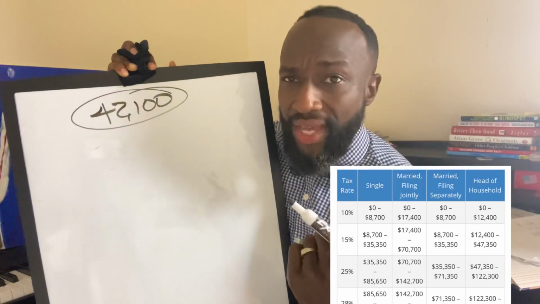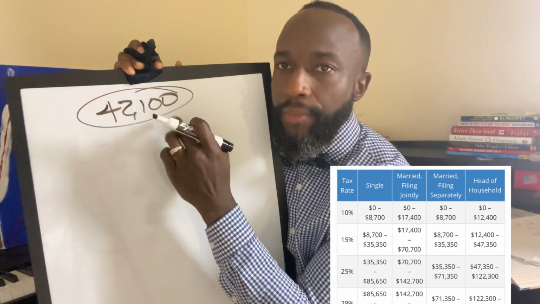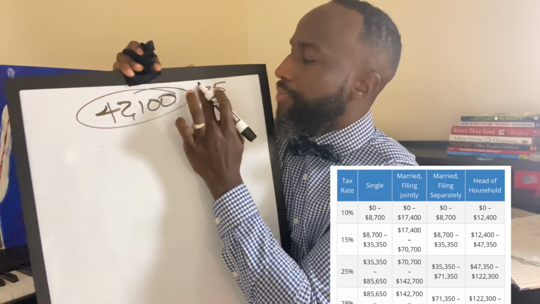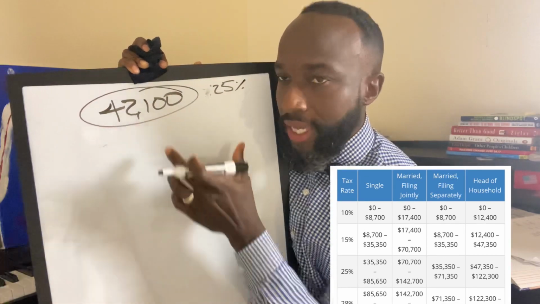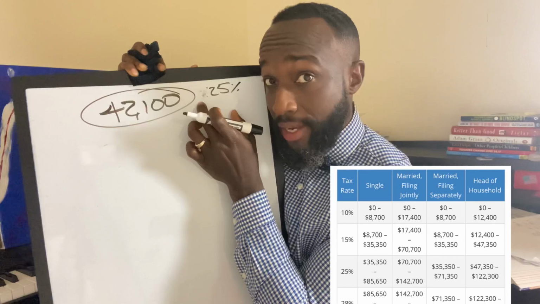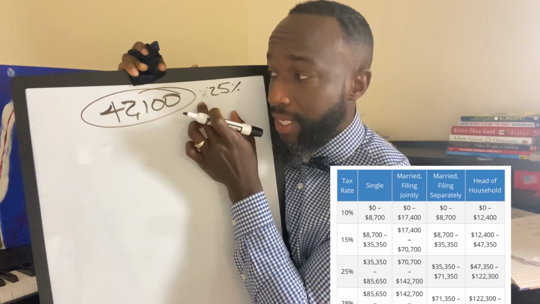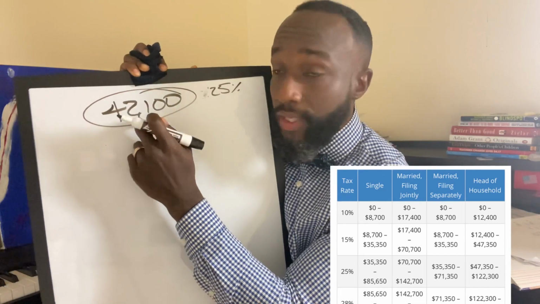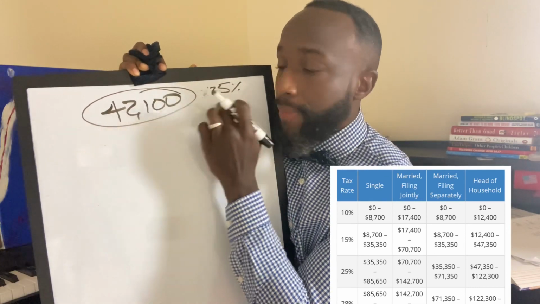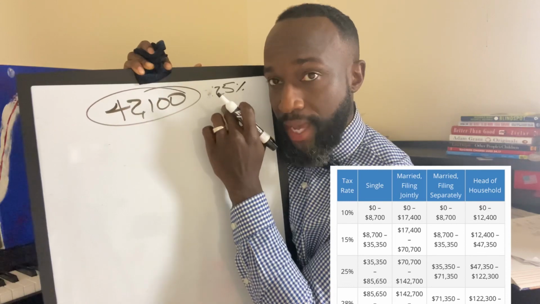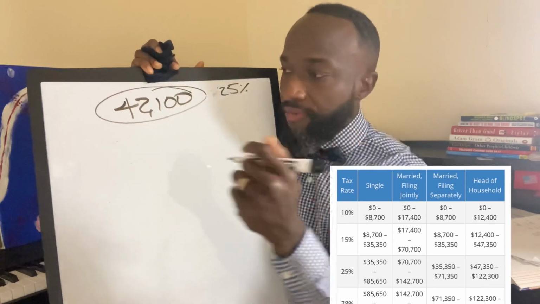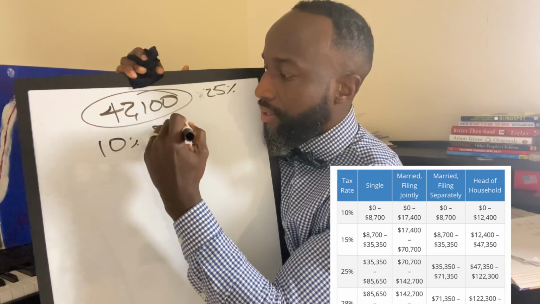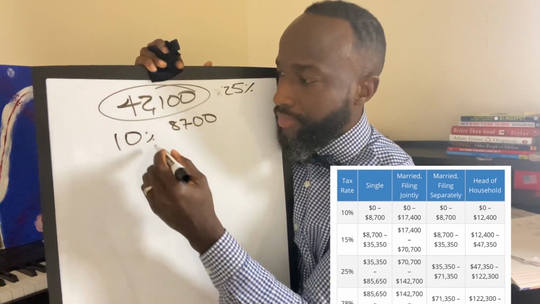But here's the caveat: you only pay 25% once you get inside the 25% bracket, which means that the amount of money she makes from $35,351 to $42,100 is what is taxed at 25%. So the first $8,700 she's going to pay 10% on.